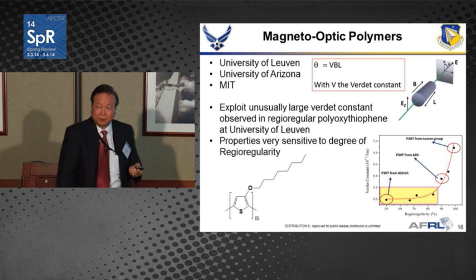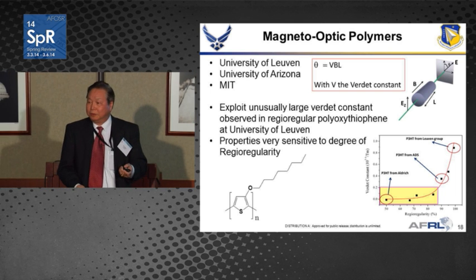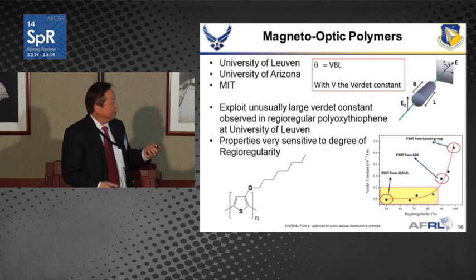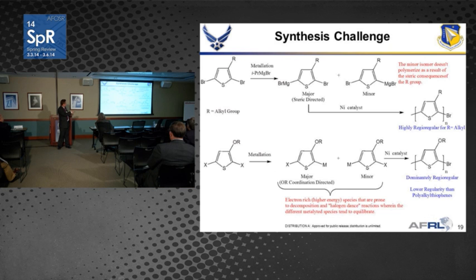To synthesize regioregular polymer, there's a lot of work being done in that area, but a lot of that is based on this McCullough chemistry. And you make the material like this, so since this group can only react with this group, when it polymerizes, the R group is always pointing in the same direction.